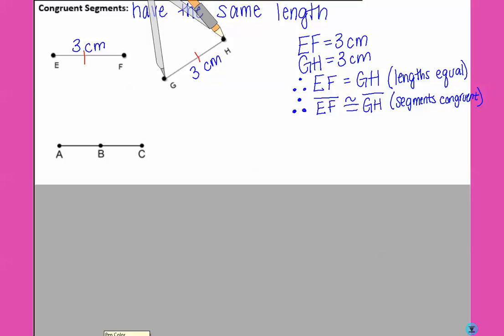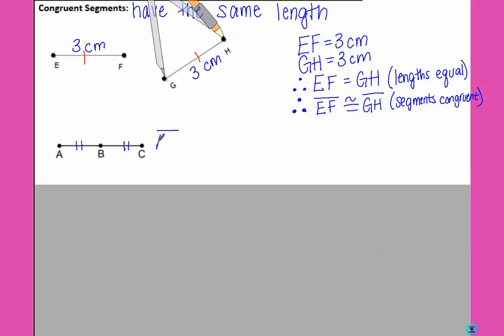Now, if we look at the segment AC, we have this point B in the middle. If AB is the same length as BC, I'm going to use 2 hash marks to show that they're the same, that means B is in the middle.